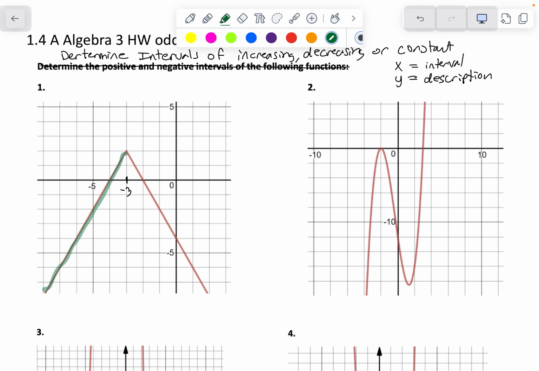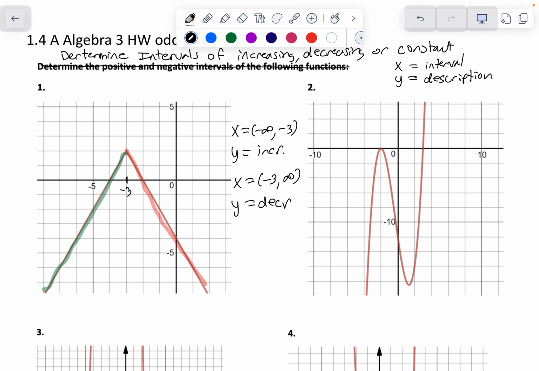This side is going downhill. And that switchover happens at negative 3. So for an x value of negative infinity up to negative 3, my y was going uphill. And you can abbreviate increasing, INCR is fine. And then for an x value from negative 3 to infinity, my y is going downhill. Okay? So that would be your answer.